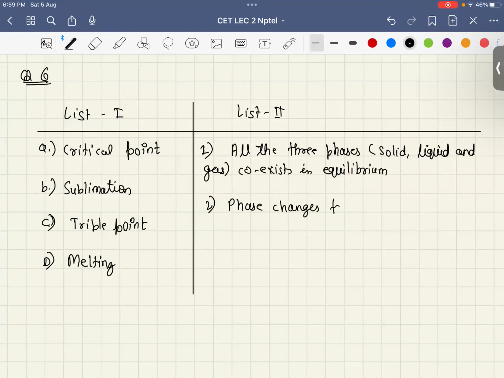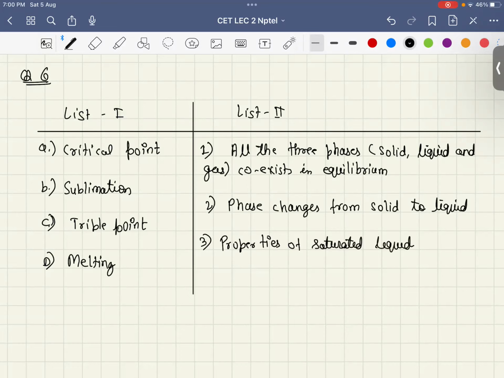The third: properties of saturated liquid and saturated vapor are identical. And the fourth one is a heating process where the solid gets directly transformed to the gaseous phase.